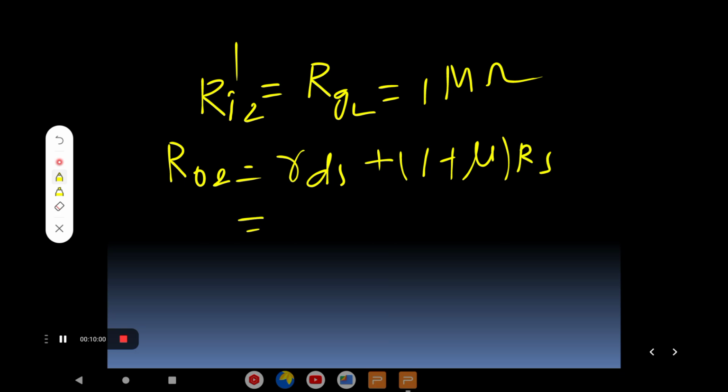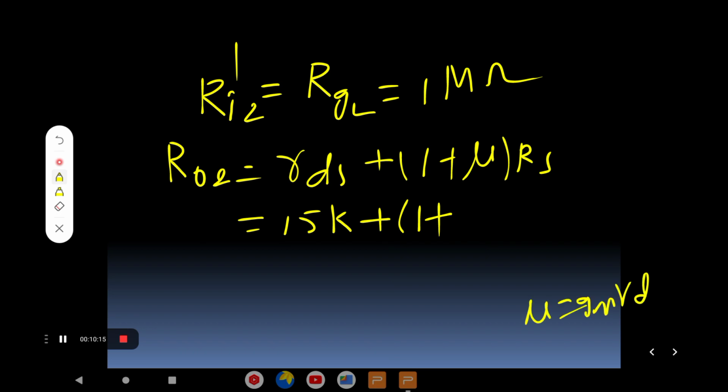RDS is also given in the problem, which is 15K. Plus (1 + mu), where mu is equal to gm into rds. Calculating with those two values, you get 75.